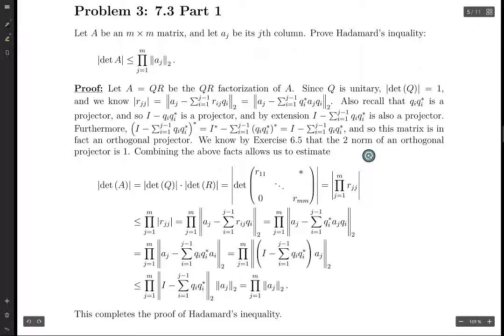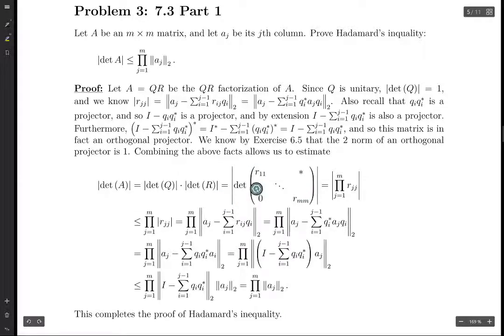So therefore, we can just do a whole bunch of estimates. The determinant of A is the determinant of Q times R, which is equal to the determinant of Q times the determinant of R, because the determinant of a product is the product of the determinants. From here we know the determinant of Q is 1, and we're left with the determinant of R in absolute value.